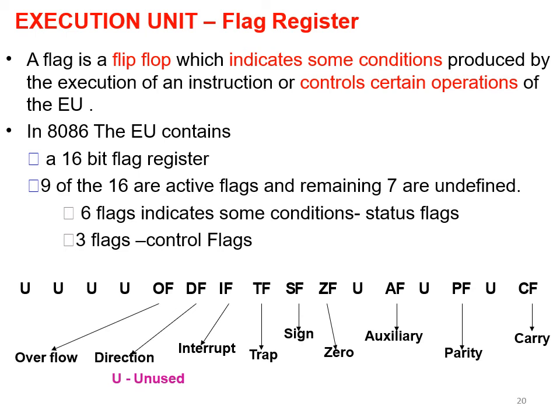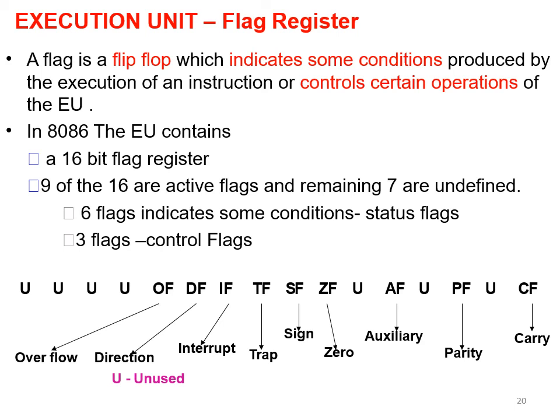In 8086, 9 out of the 16 are active flags and the remaining 7 are undefined. They're unused. They are reserved for future uses. And out of these 9, 6 flags indicate some conditions, like whether the previous instruction has resulted in a value of 0 or whether the previous instruction execution has resulted in a carry generated, etc. All these things, after the performance of the execution unit in the previous instruction, will be updated in these flag bits.